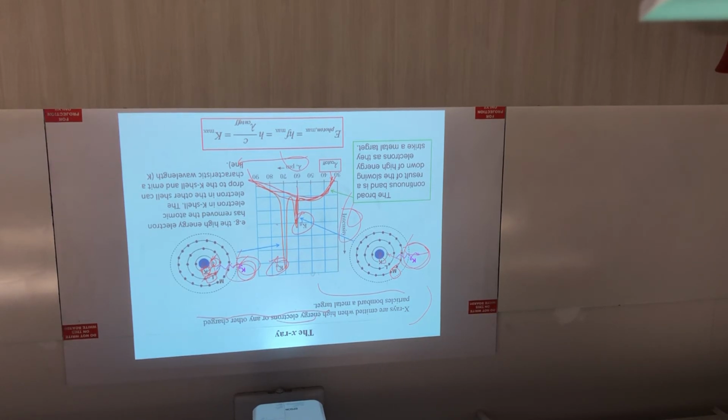And then when this electromagnetic wave hits this metal plate, its energy is going to be converted to heat. So this metal plate is going to get hot. So this kinetic energy is converted to heat energy, alright?